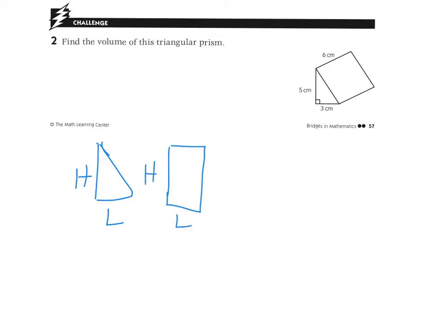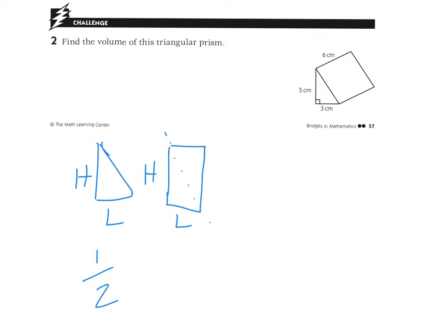But then what we found was that the triangles are half of the area of a rectangle. So when we are looking at the volume of a triangular prism, such as in this challenge problem, if we were to imagine this triangular prism as a rectangular prism, it would have that same relationship.